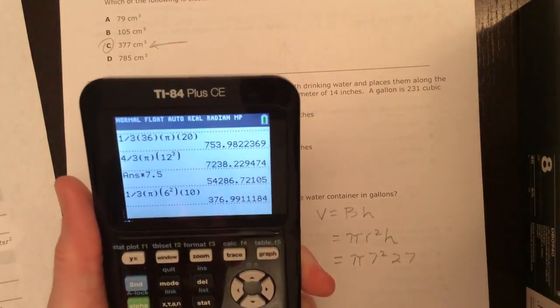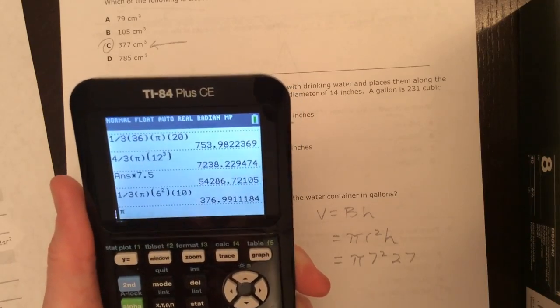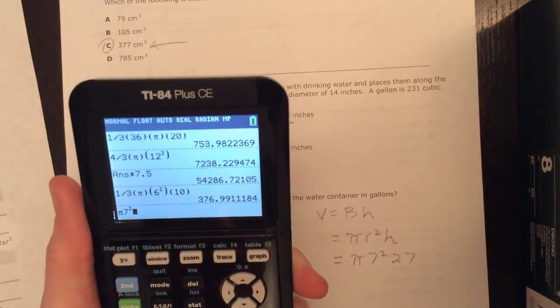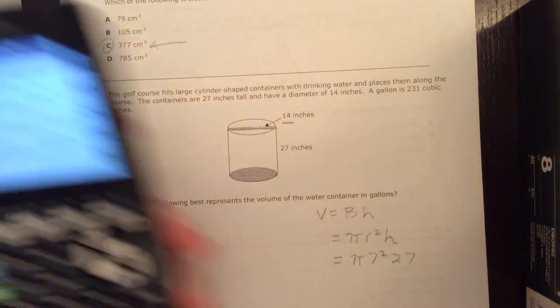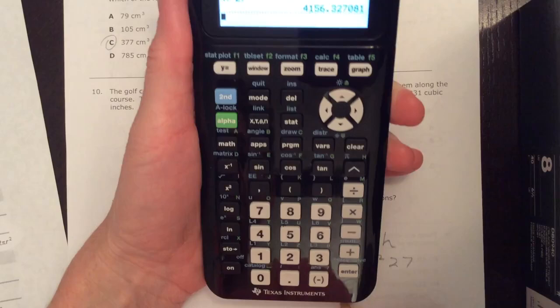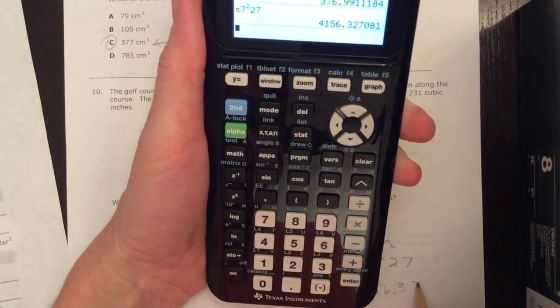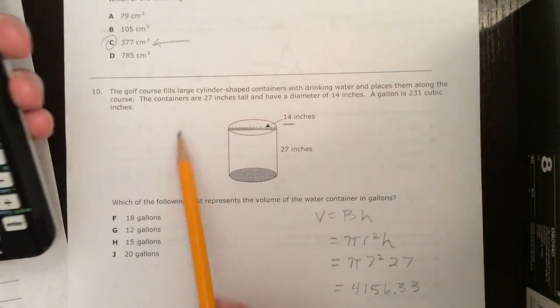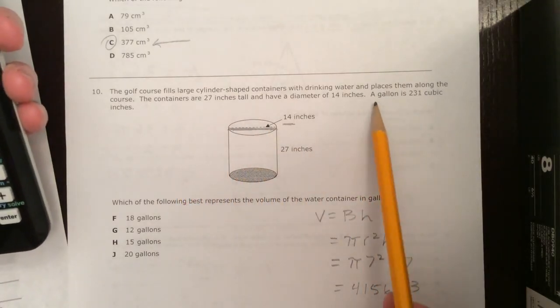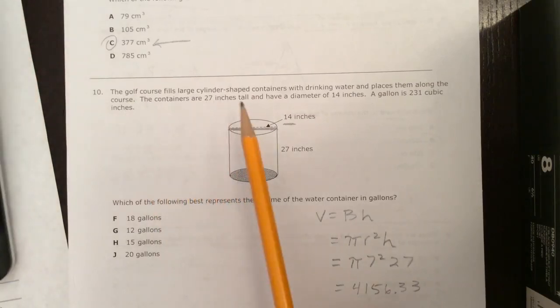So let's see here. Pi times 7 squared times 27. Enter. We get 4,156.33. Okay? But they're asking us something else. They're telling us that a gallon is 231 cubic inches. So we're not finished here.